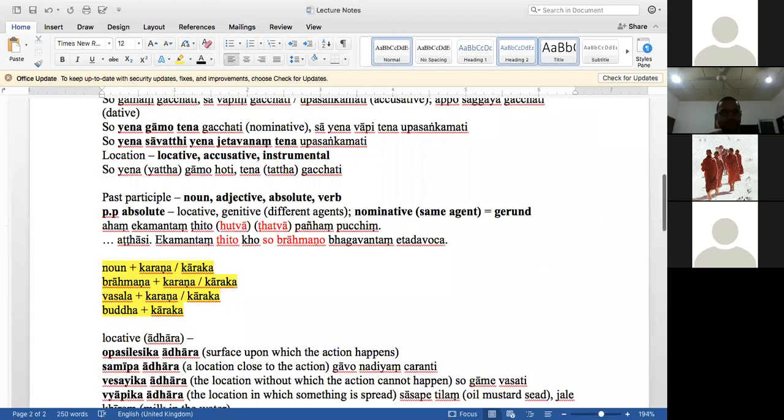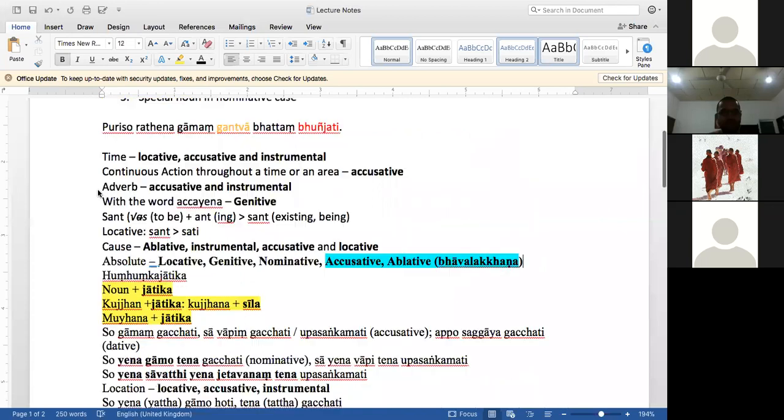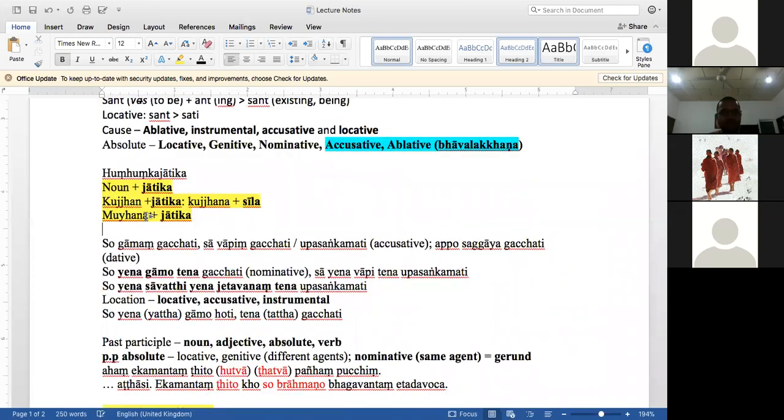For the word uhunka jatika, I mentioned that when jatika is connected to a certain clan or a group or a race, or even regarding an emotion, we can have this. Regarding emotions, regarding certain habits, another word we can use is sila. We used to do that again and again. So here we come with the word Jatika, Brahmana Jatika, like Uhunka Jatika.